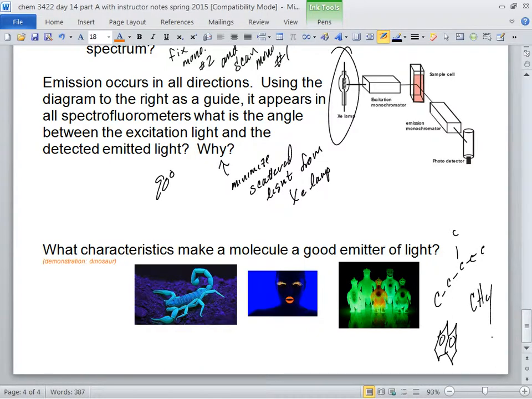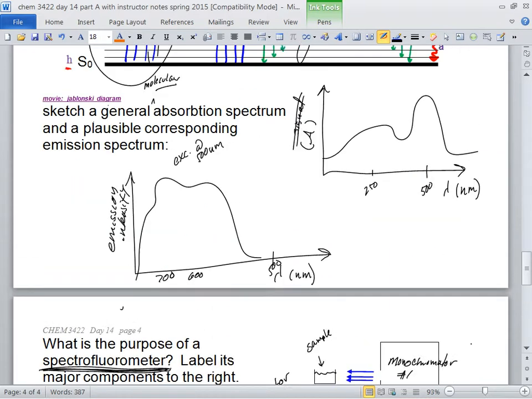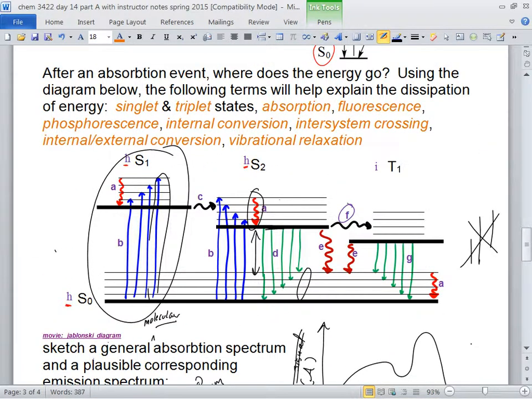If you're going to classify and say, hey, this guy has a chance of being a good emitter, you don't want a lot of what to happen in the Jablonski diagram? That internal conversion, where through vibrational relaxation all the energy goes into dissipation through heat. You don't want that to happen.